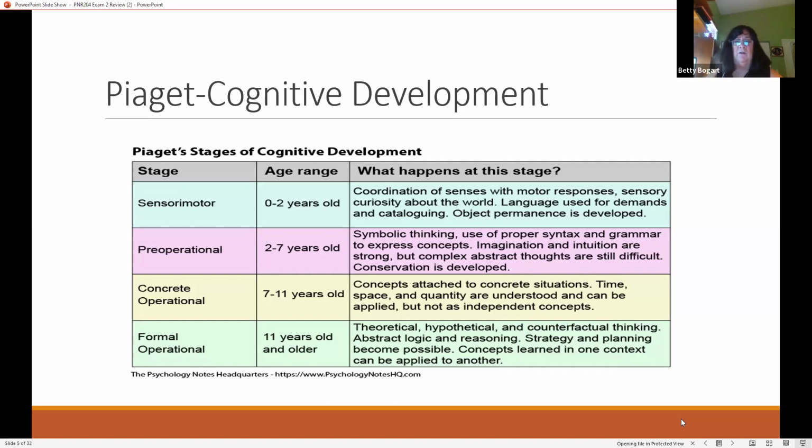Now, 2 to 7-year-old. Now they're starting to be more abstract. They like to know. They're of course imaginative. But they're learning that some things might look different, but they're really not.